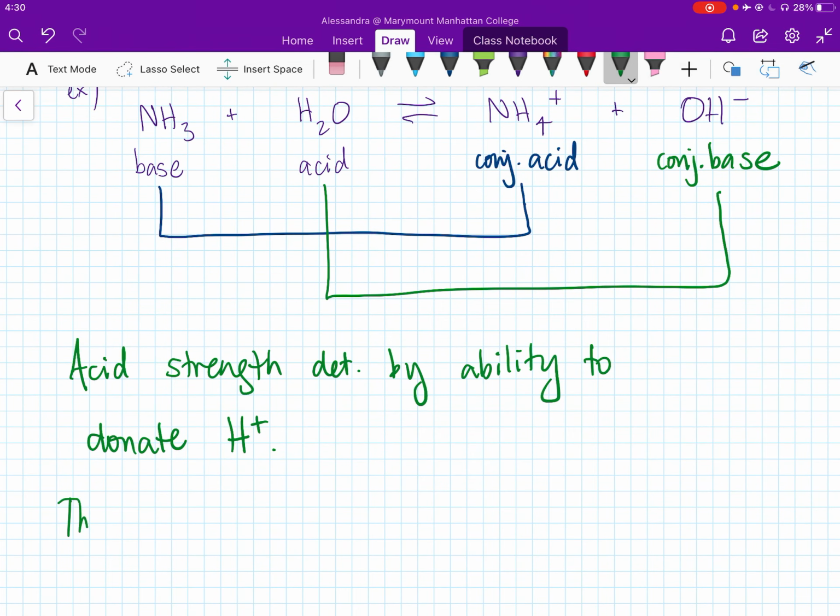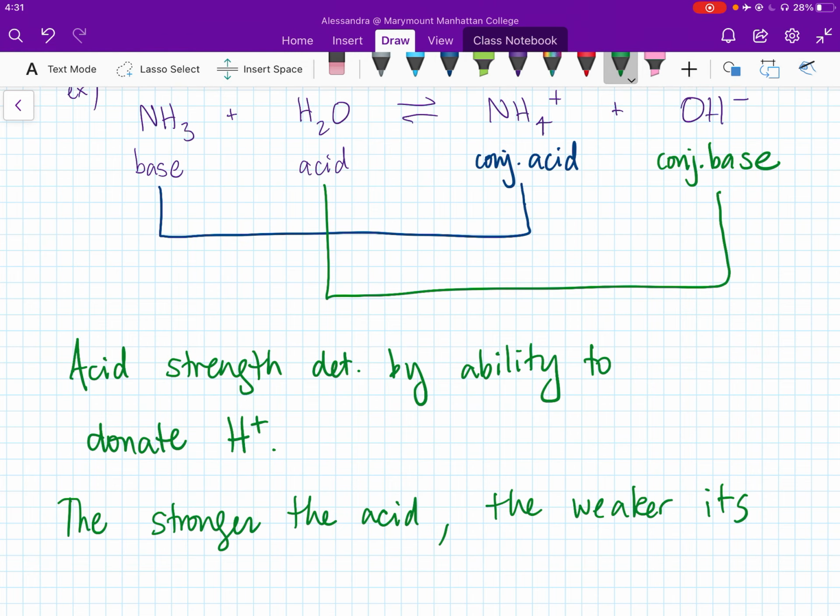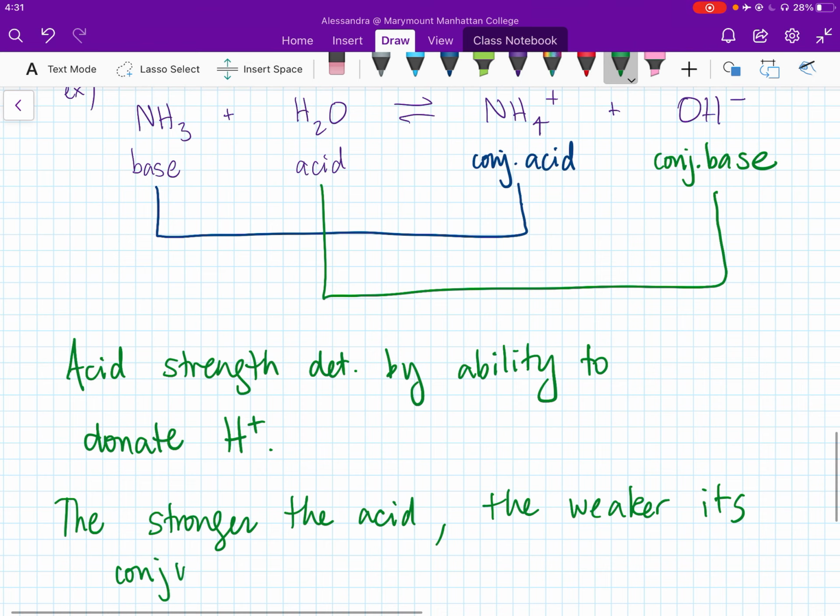Now, looking at two sides of a reaction, the stronger the acid, the weaker its conjugate base. Now, this is an equilibrium idea. Let me just write that sentence down. The stronger the acid, the weaker its conjugate base. This is an equilibrium idea.